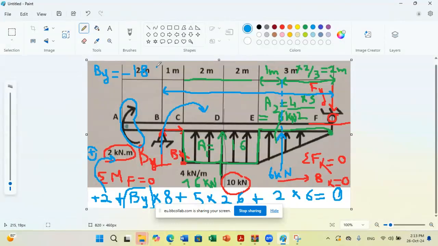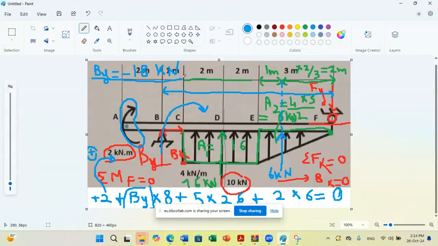I assumed that By is up, but since I obtained a negative result, By is downward. Here you can update this, or you can keep By upward, but when you replace in any other equation, you replace By by minus 18 kilonewton.